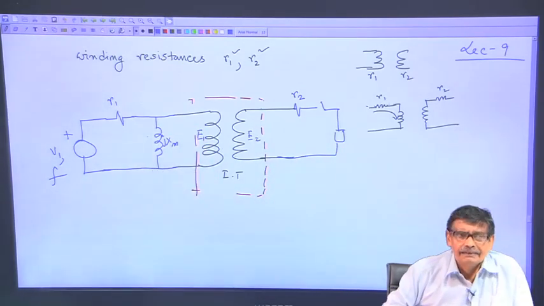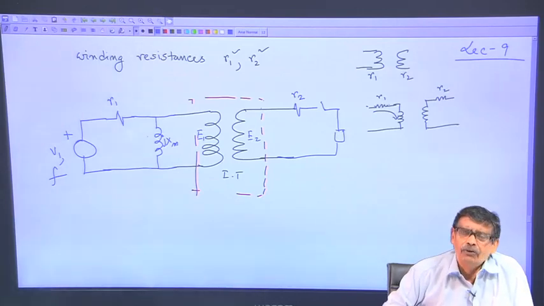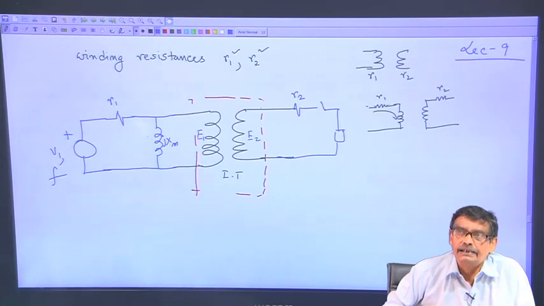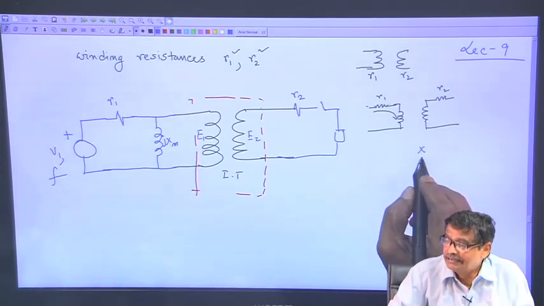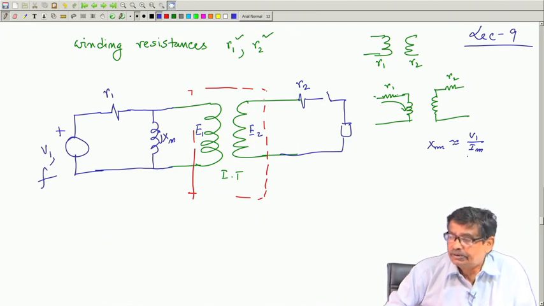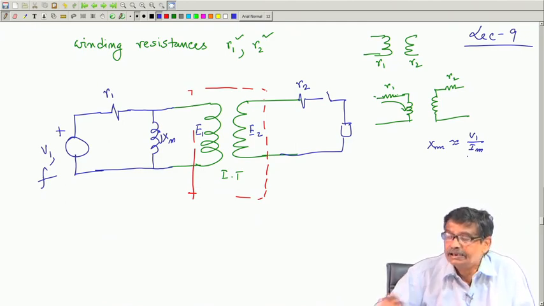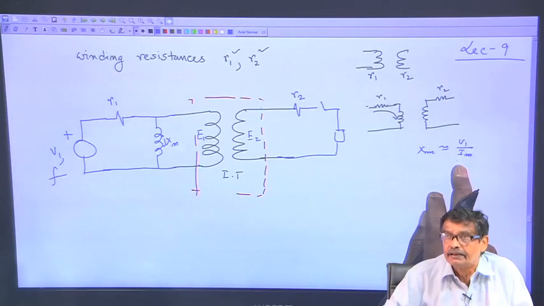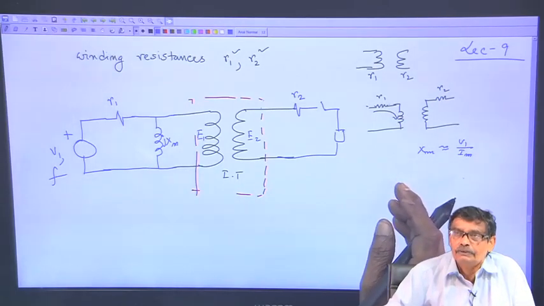X m, what do you think? Its value will be low or high? Its value will be high. You should not choose a magnetic material which requires very large magnetizing current. See, X m is approximately V 1 by I m. I should not choose a magnetic material which requires very high value of magnetizing current, then X m will be low.